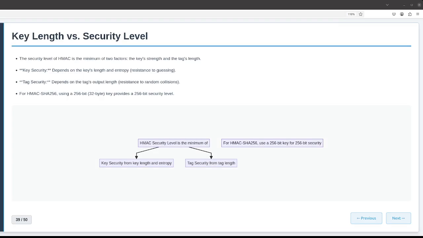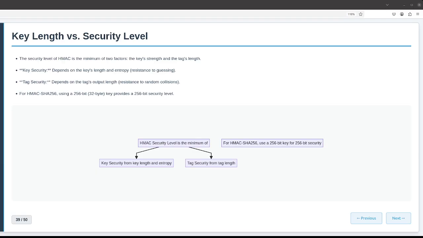Key length versus security level. The security level of HMAC is determined by two factors: the size of the hash output and the length of the secret key. The security against a brute force attack on the key depends on the key's length and entropy. The security against guessing the tag depends on the tag's length, which can be truncated.